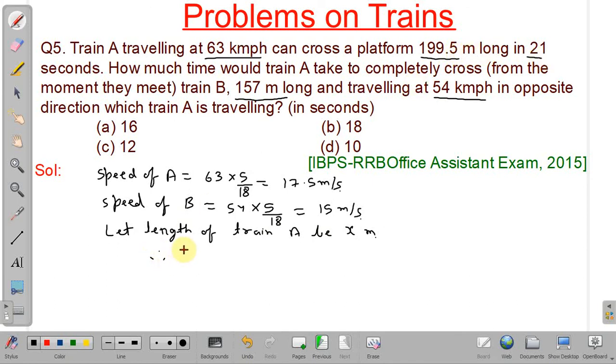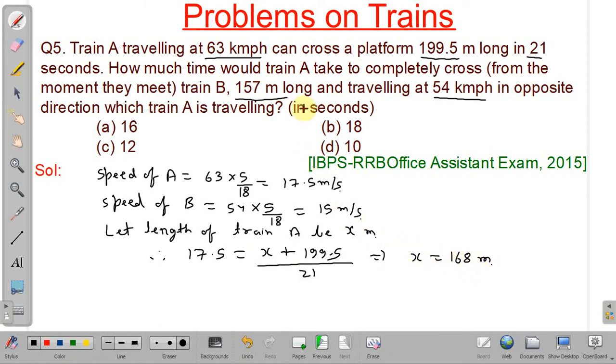Therefore, from this we can find the length, as we know the speed of train A. Therefore, 17.5 equal to total distance traveled to cross the platform, which will be length of train x plus length of platform 199.5, divided by total time 21 seconds. And solving this we will get x equal to 168 meter. So length of train A will be 168 meter.